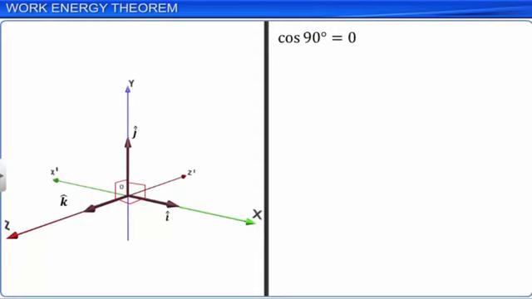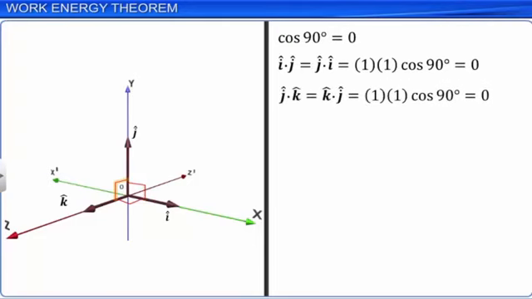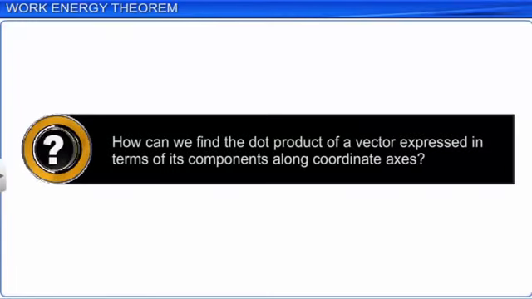So, i dot j is equal to 0. j dot k is equal to 0. And k dot i is equal to 0. How can we find the dot product of a vector expressed in terms of its components along coordinate axes?